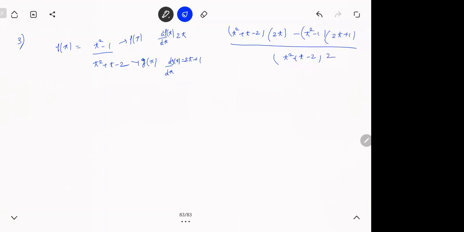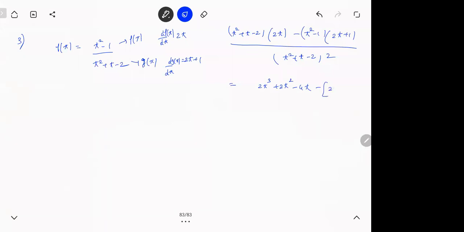So denominator is matching. Numerator, you can check it out. It would be multiply 2t cube plus 2t square minus 4t.